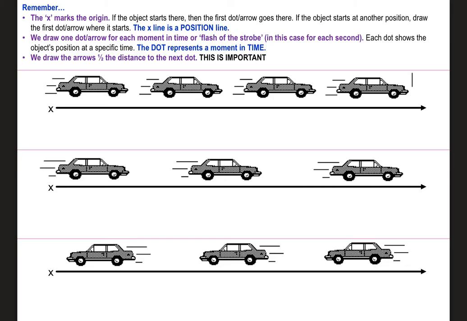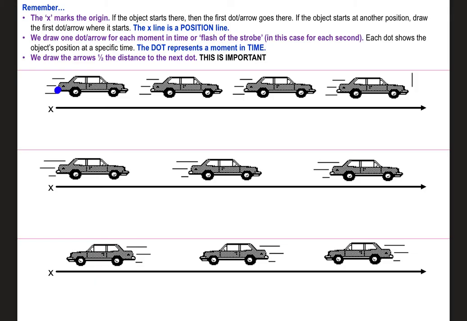One very important thing is I want to decide right up front where I am going to draw my dot on the car. You could put the dot at the middle of the car, at the beginning of the car, at the end of the car, the back. I'm going to put my dot to represent the back bumper of the car, just because that's what's on the starting line here. And I'm going to draw my diagram below.